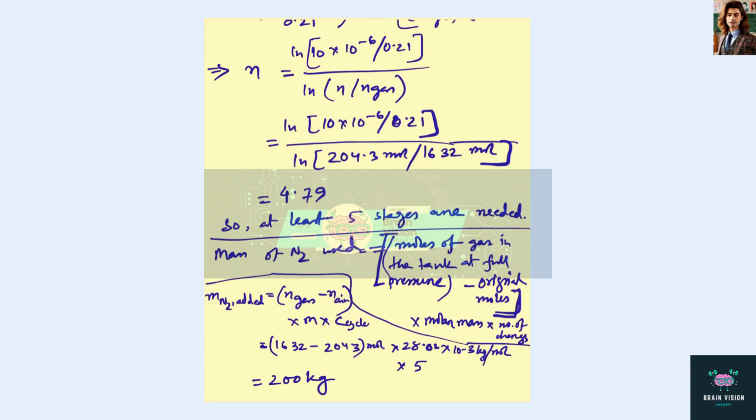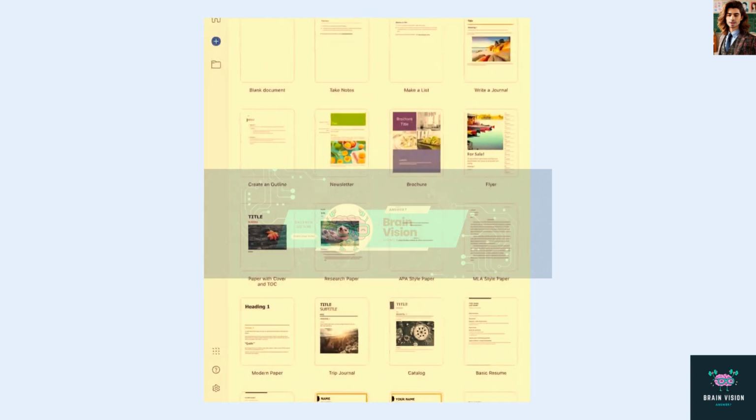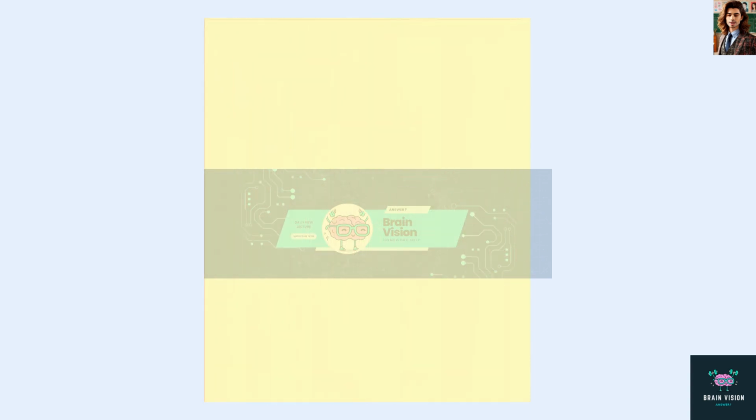And finally, we need to explain what are the advantages and disadvantages of multiple cycles. The advantage of using multiple cycles is less nitrogen is used.